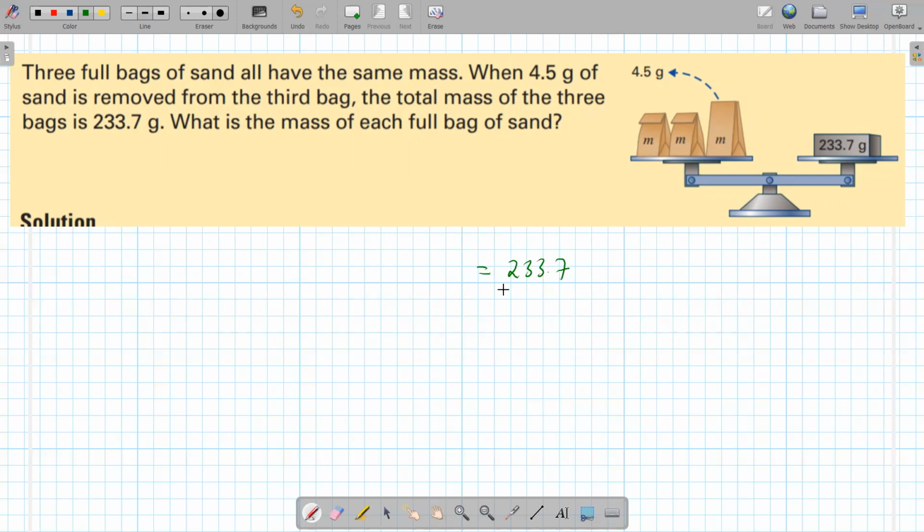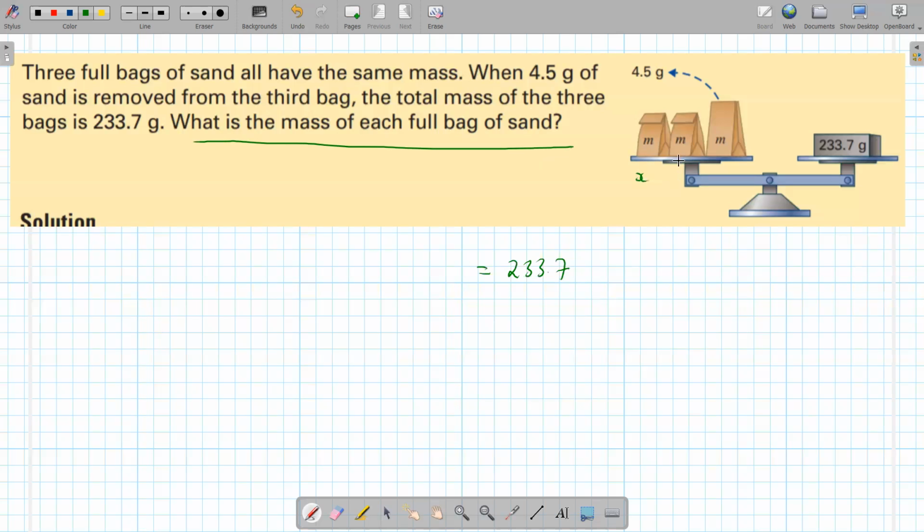What does the X represent? It's right here. Whatever they're asking, whatever's missing is always X. The mass in each bag. Yeah, now if you think about it, what's the mass in the first bag in terms of X?